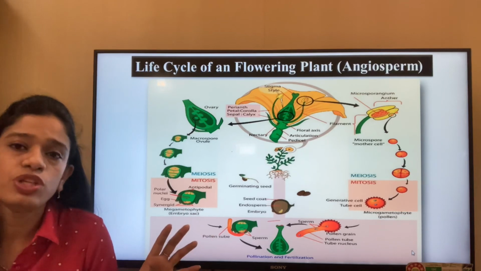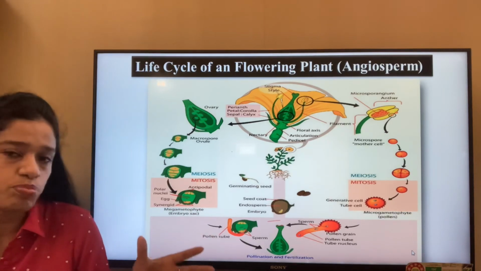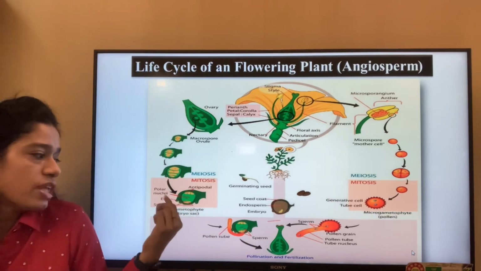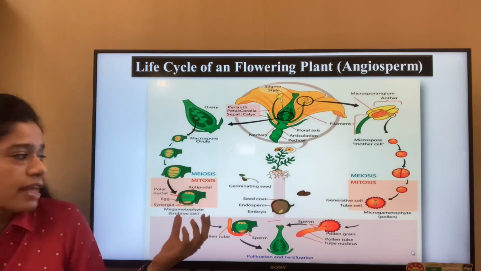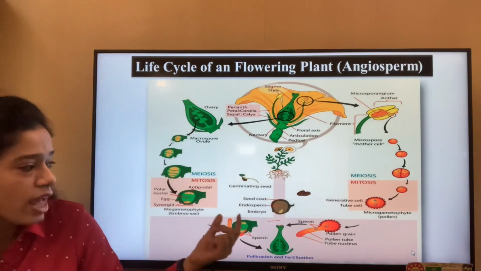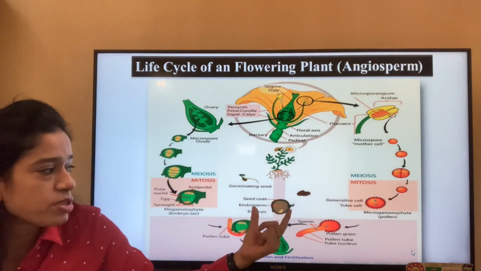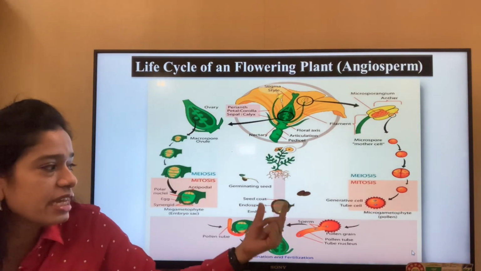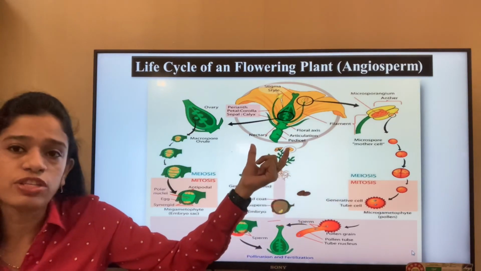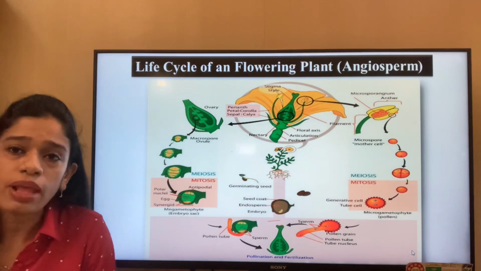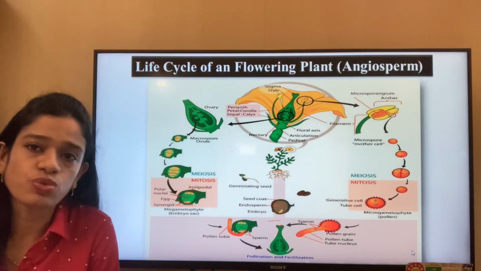This triple fusion nucleus later forms the endosperm, and the egg along with the sperm nucleus forms the zygote, and after this it forms the seed. This seed under favorable conditions again germinates and gives rise to a new plant.